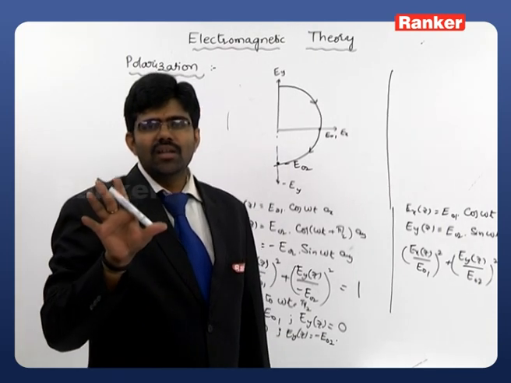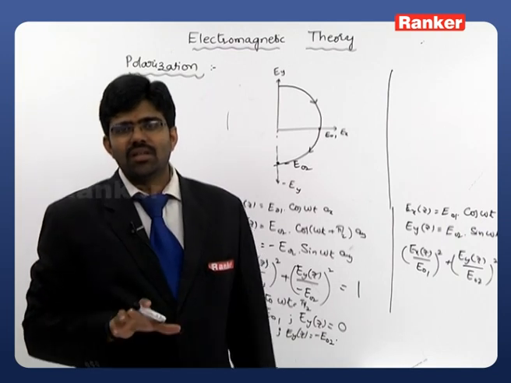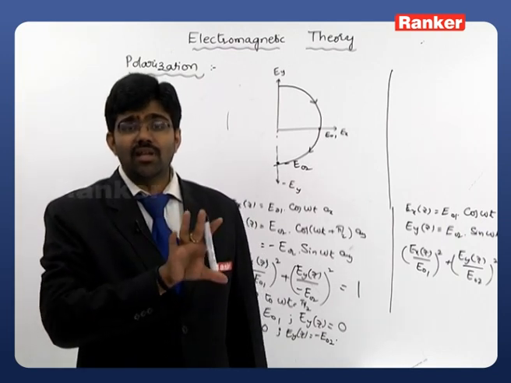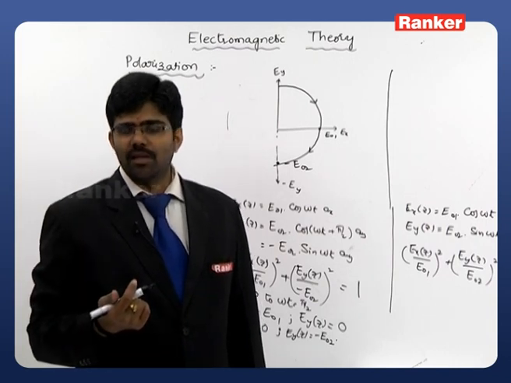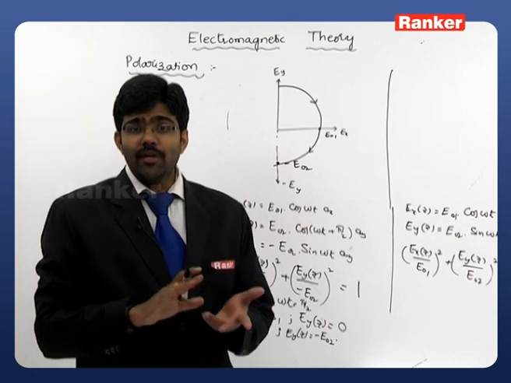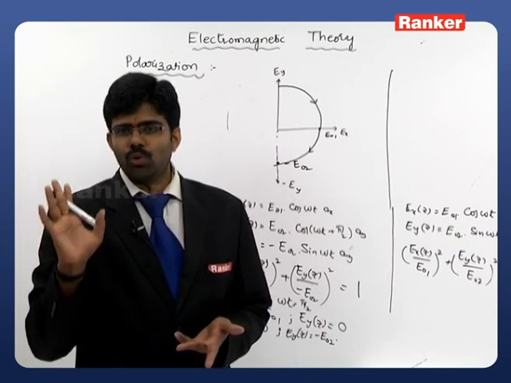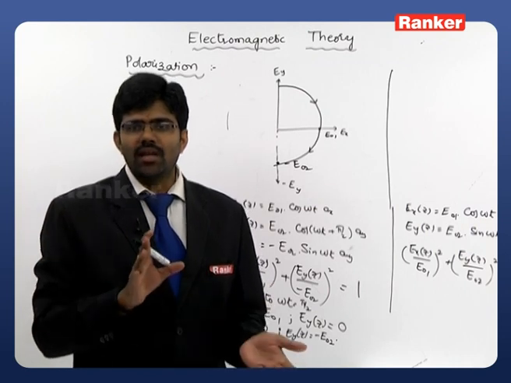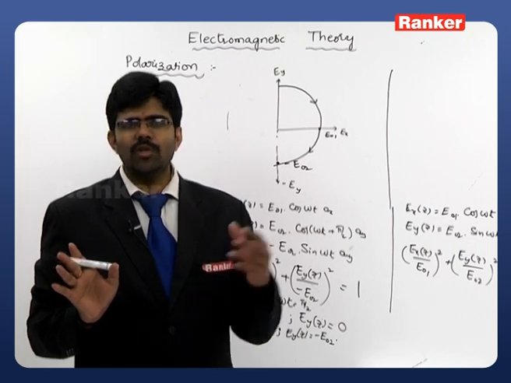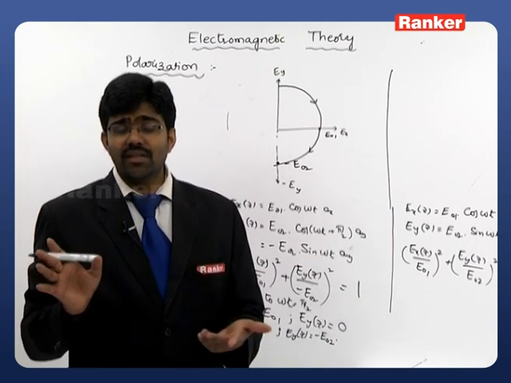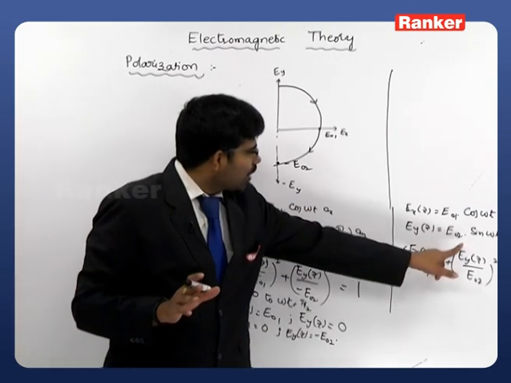If we are taking a clockwise rotation or a left-handed coordinate rotation, then it is said to be a left-handed elliptically polarized signal. So what is the condition for that? Once again recollect, the amplitudes must be different and the phase difference must be plus pi by 2 only, right. In another way, Ex lags Ey. So in the examination, whatever point you are observing, directly you can say that it is a left-handed elliptically polarized signal.